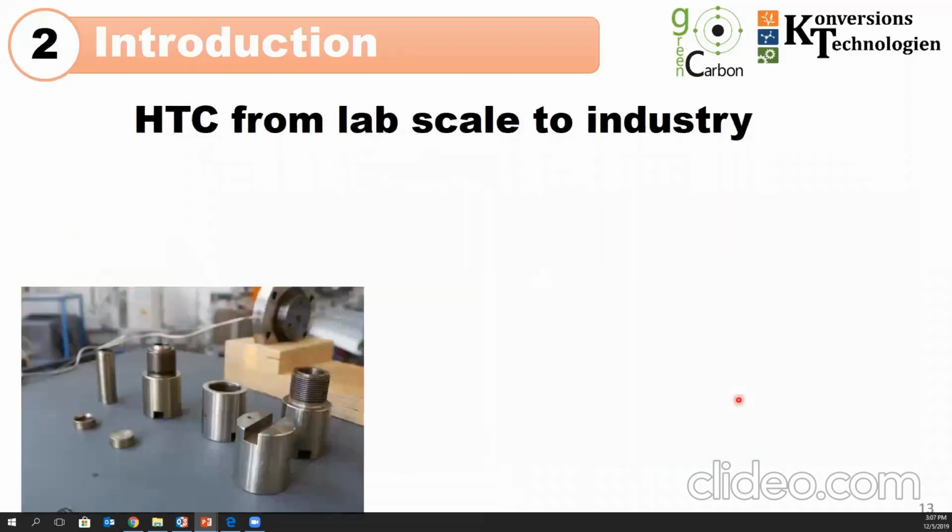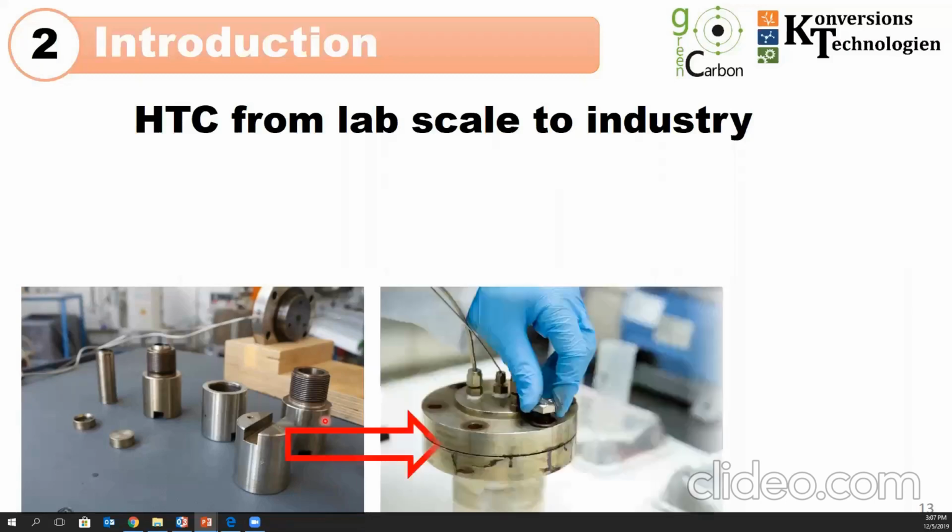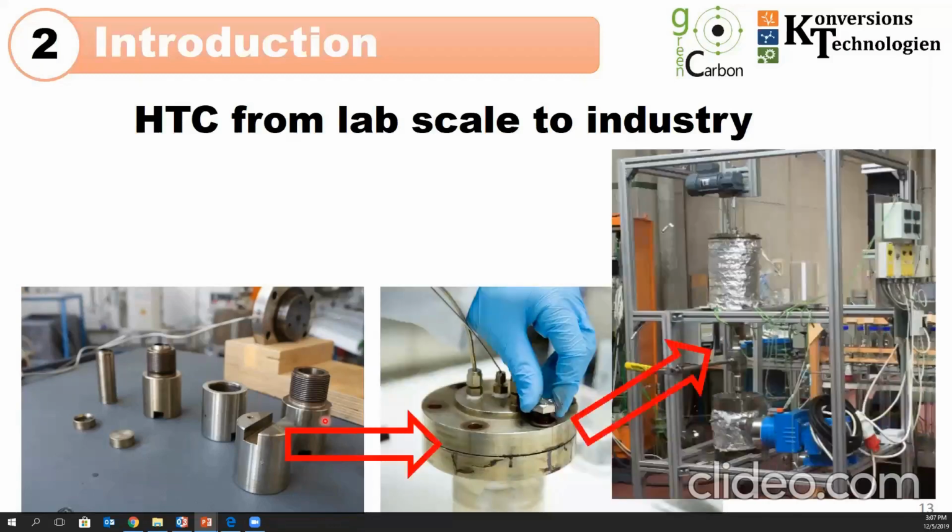Then how it looks in the small scale. So here in this picture, you can see the smallest autoclaves that we have in our lab. They are around 20 milliliters. So we make a scale up of this reactor, and we have a 5 liter lab scale reactor.